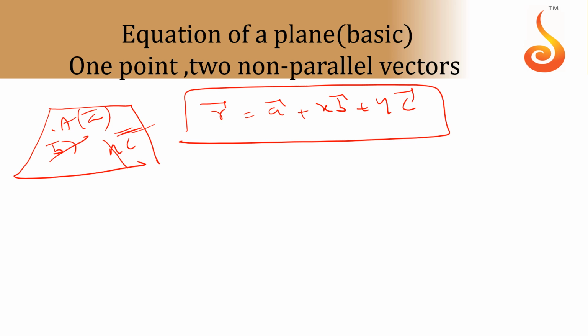Whenever r bar minus a bar, b bar, c bar are coplanar, their box also will be 0. That is another way of expressing the equation of the plane, where there is no parameter.